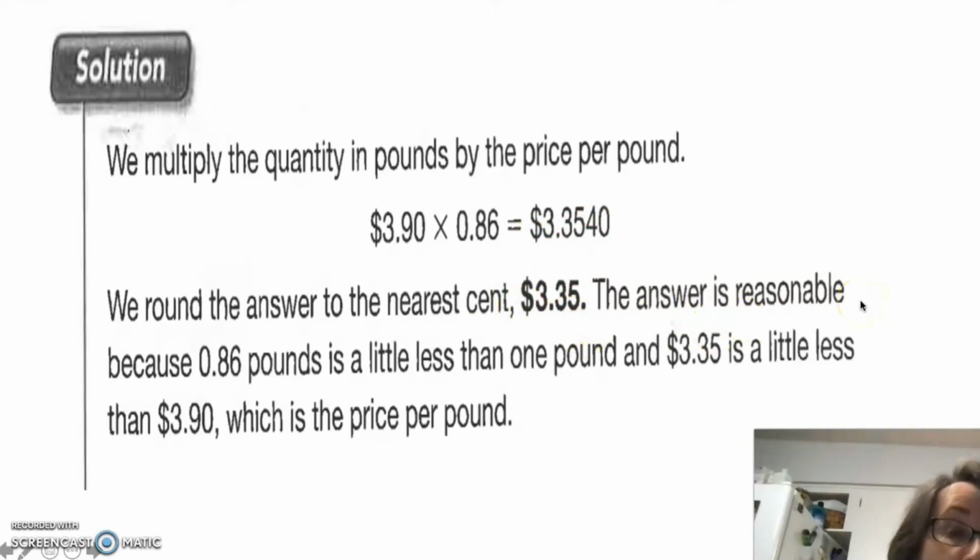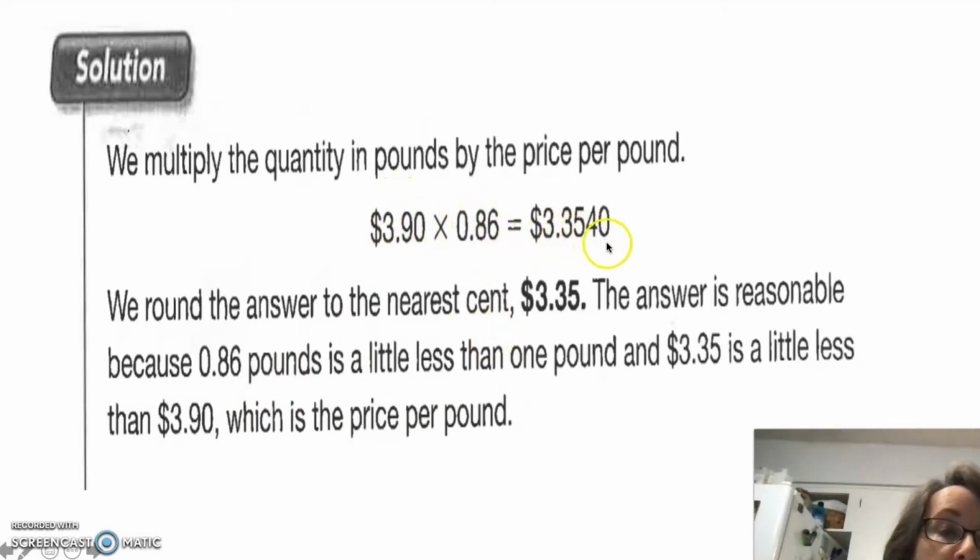To see if the answer is reasonable, now we're going to round. $3.90 is close to 4, and this one is close to 1. We rounded this up, and we rounded this up, so 4 would be like a maximum top because both of these are less than that.